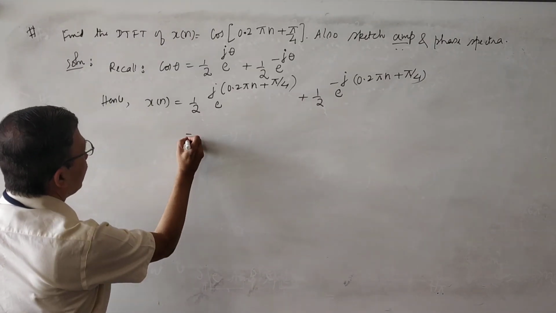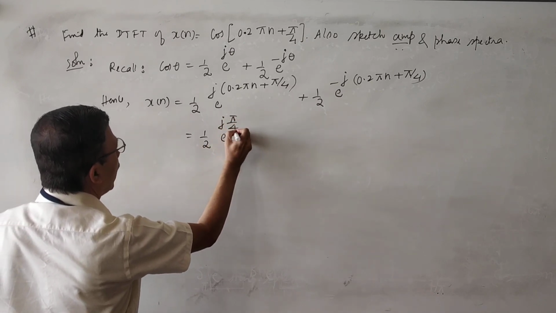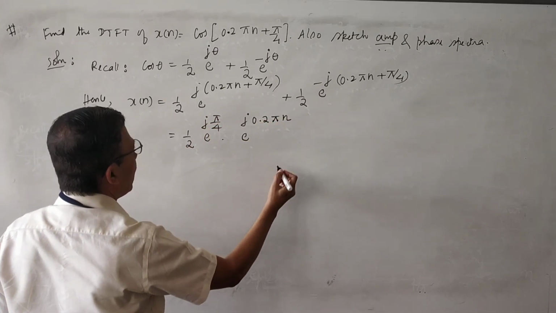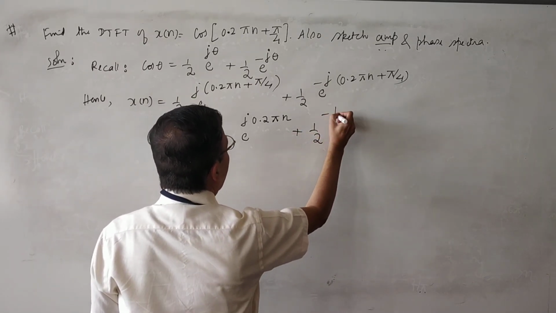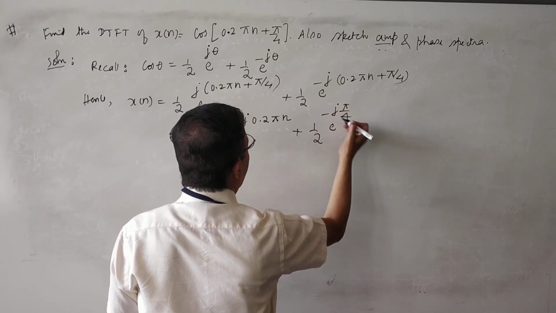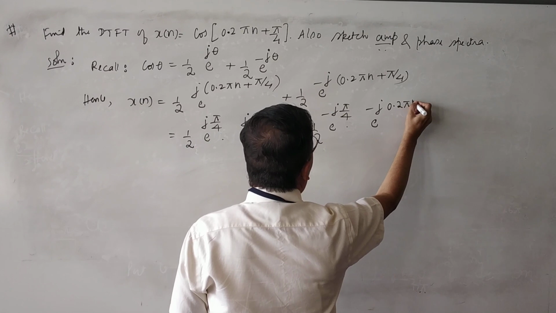This I can write as half into e to the power j pi by 4 into e to the power j 0.2 pi n plus half into e to the power minus j pi by 4 into e to the power minus j 0.2 pi n.